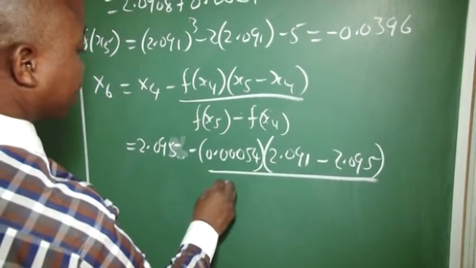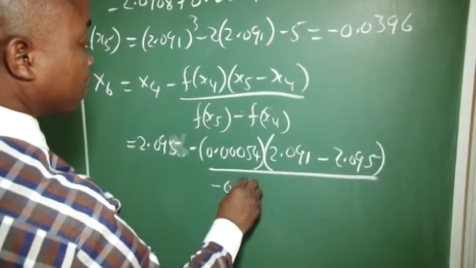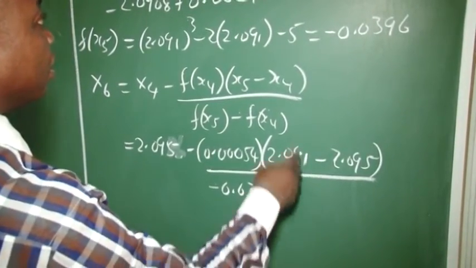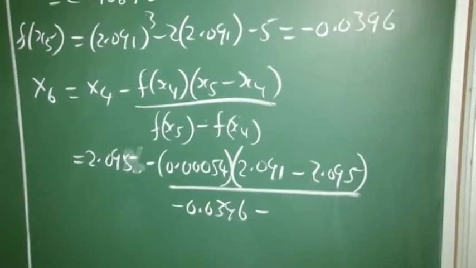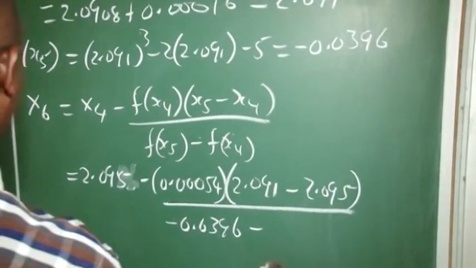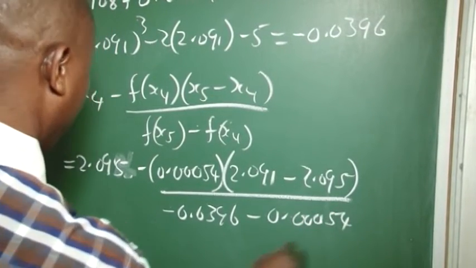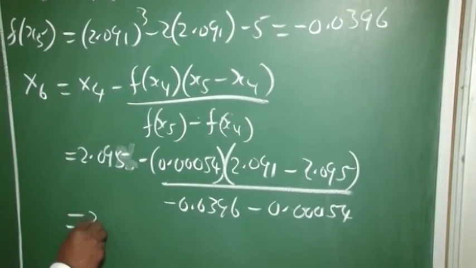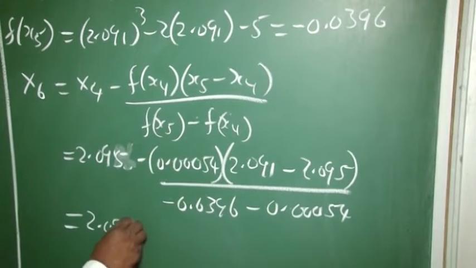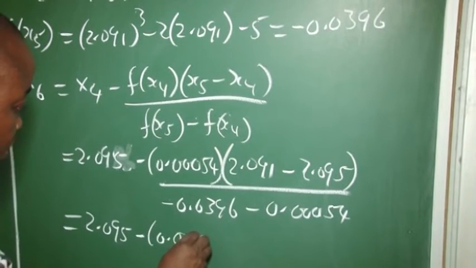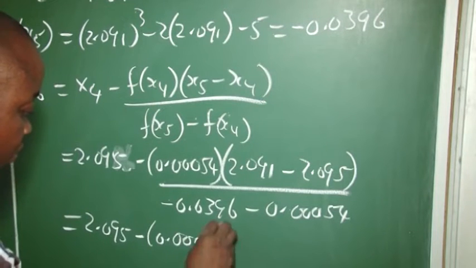f of x5 is minus 0.0396. Now f of x4 is 0.00054. If we compute this, we have 2.095 minus 0.00054.